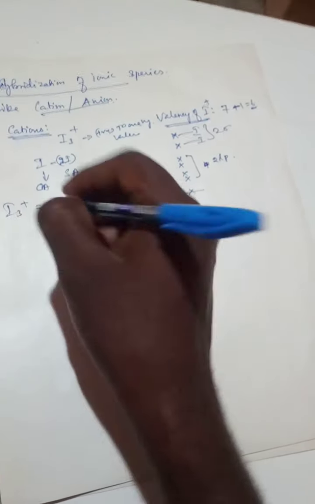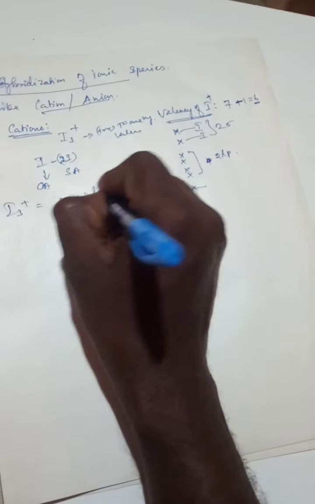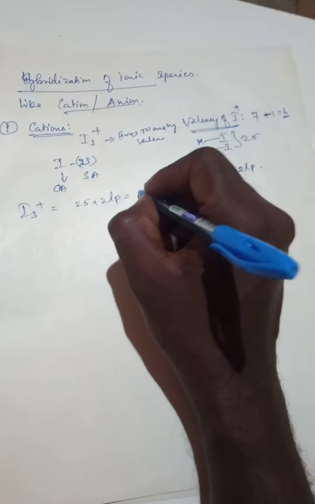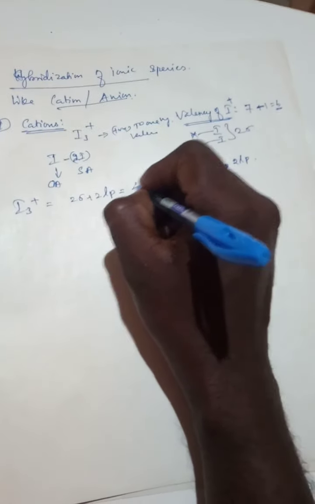So 7 minus 1 gives 6 electrons in the central iodine, and the 2 surrounding iodines are bonded with 2 electrons each. So 2 sigma bonds are present and the total is 4, which means 2 lone pairs. So I3 plus contains 2 sigma bonds and 2 lone pairs, totally 4.